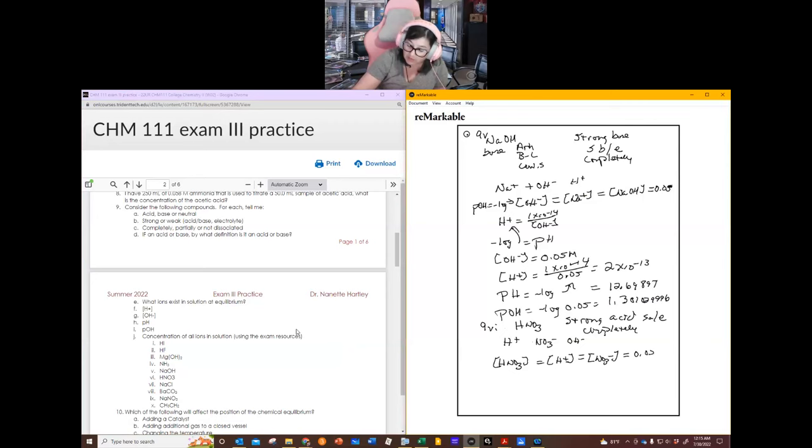And we will make the assumption that that's 0.05. If we were to look for the OH minus, sorry, it's 1 times 10 to the minus 14th divided by the H plus.